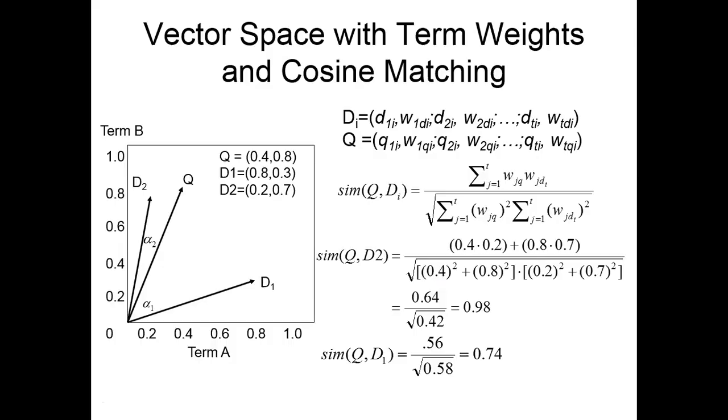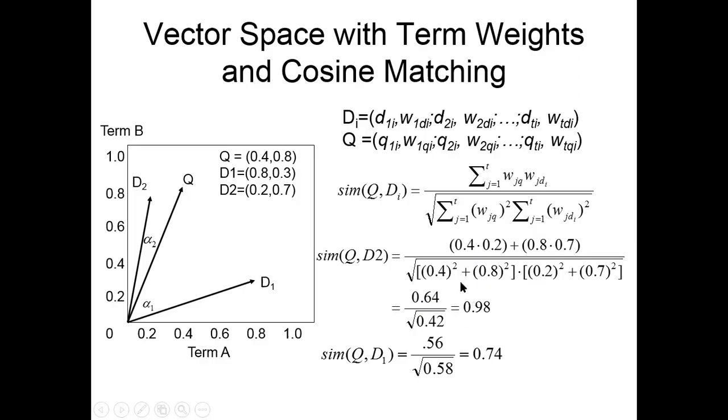So when we find the dot product by multiplying 0.4 times 0.2 plus 0.8 times 0.7, we get 0.64, divided by the length of the query multiplied by the length of the document. For document 2 we get the square root of 0.42.